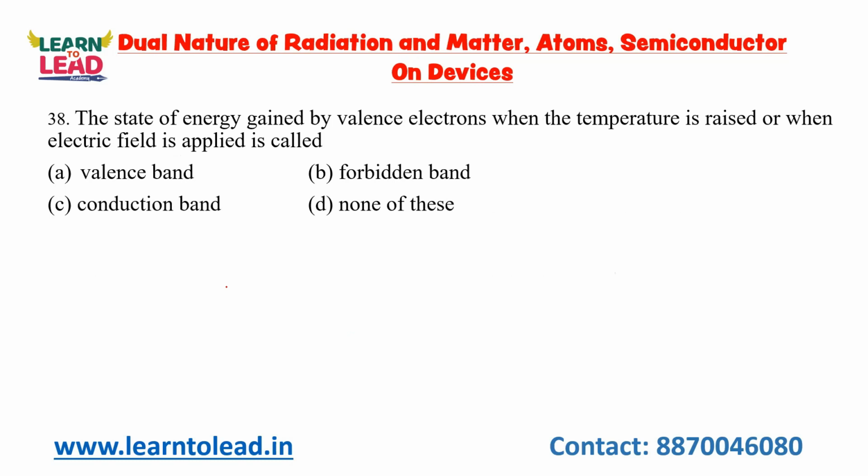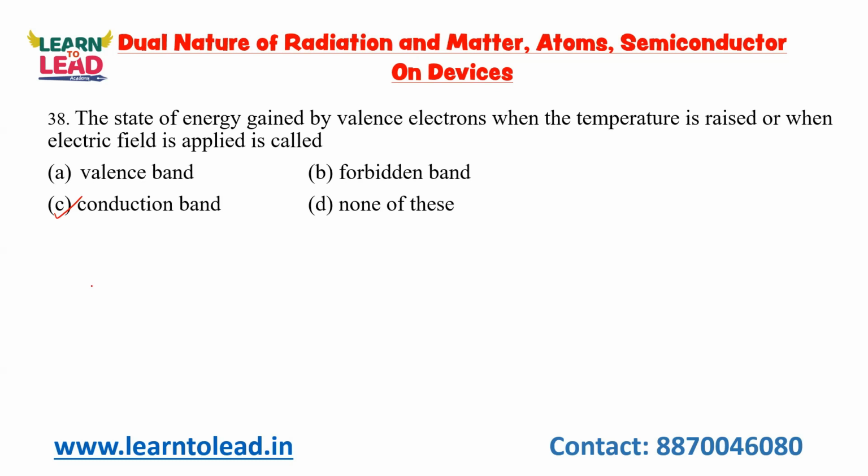Next. The state of energy gained by a valence electron when the temperature is raised or when an electric field is applied is called the conduction band. That is, the energy that electrons gain.